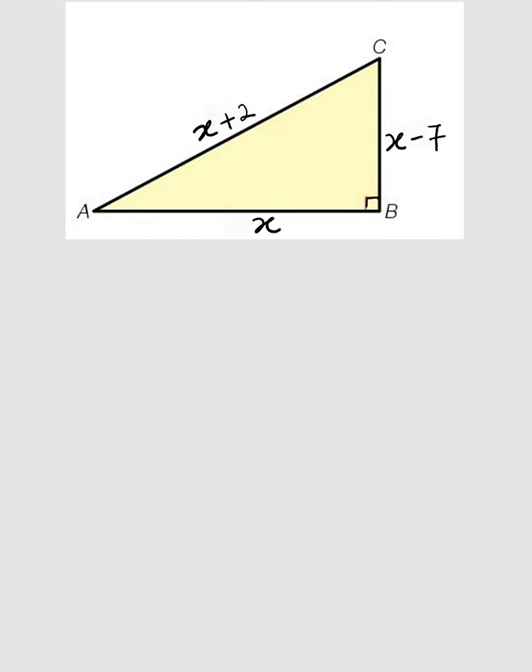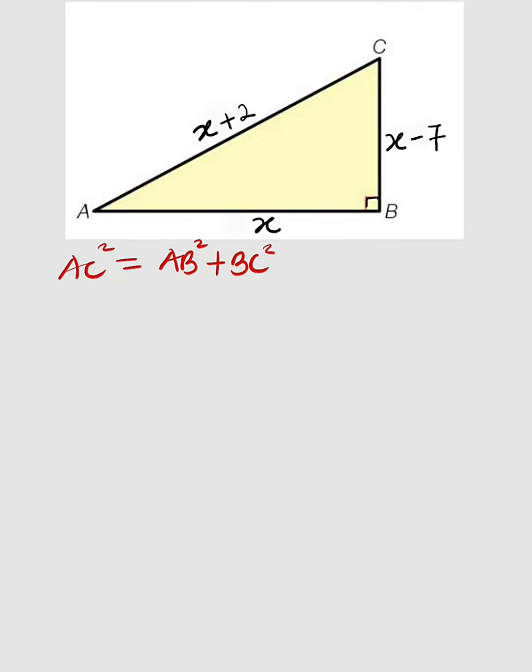This is a right angle triangle with some lengths. We have the hypotenuse, which is the longest side, as x plus 2, and the other two sides, x minus 7 and x. Applying Pythagoras' rule here, the hypotenuse, which is the longest side, AC squared, will be equal to AB squared plus BC squared.